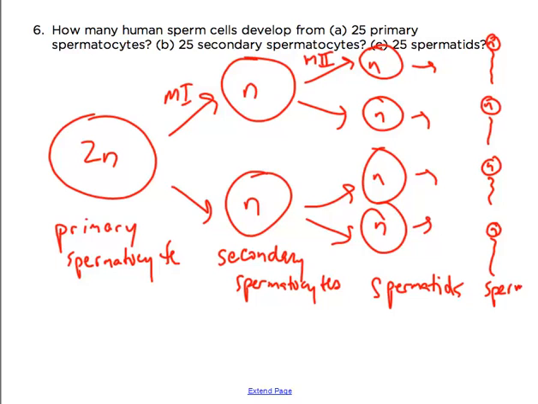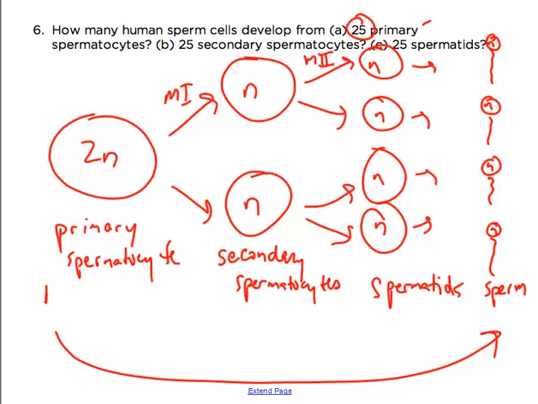Once we have this picture, we can answer the entire question. The number 25 is sort of arbitrary here. From 1 primary spermatocyte, how many sperm do you get? You get 4, right? So from 25, you're going to get 100.